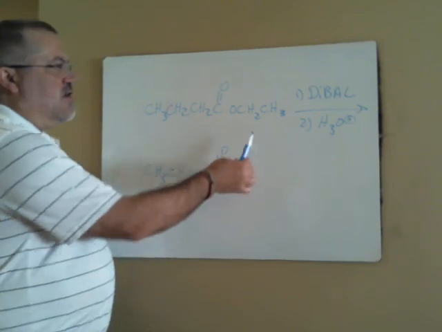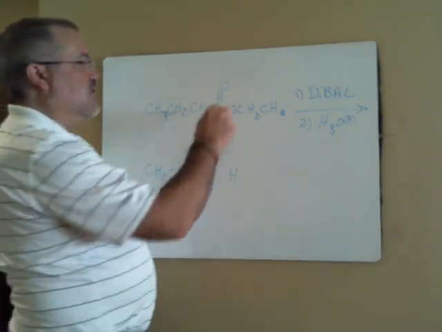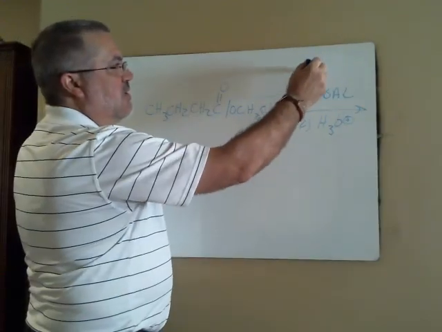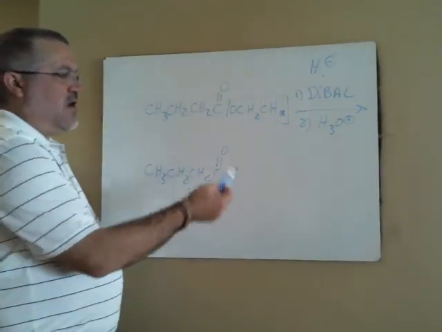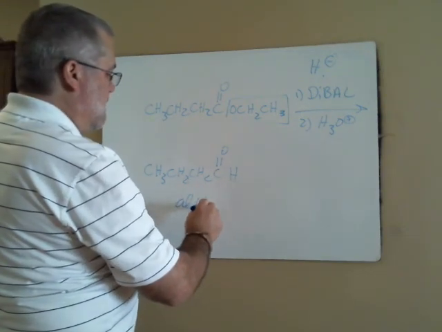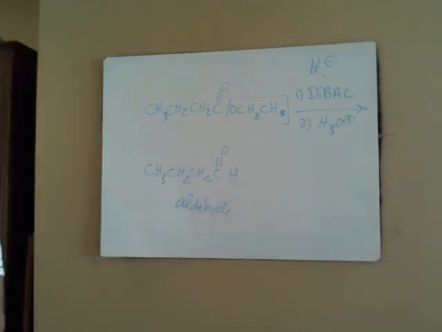So here you're just doing the one nucleophilic acyl substitution where what's in the box gets replaced with the nucleophile, which is the hydride, and you actually stop at the aldehyde. Okay? DIBAL is the reagent that will do that.